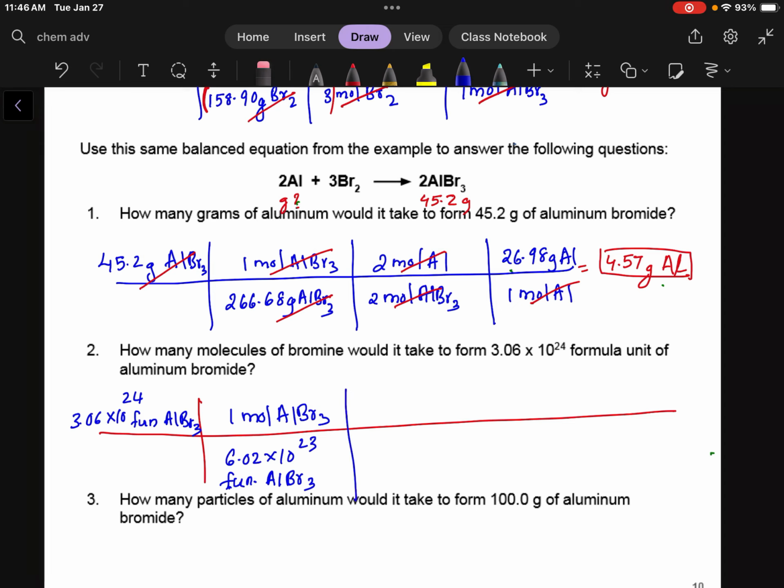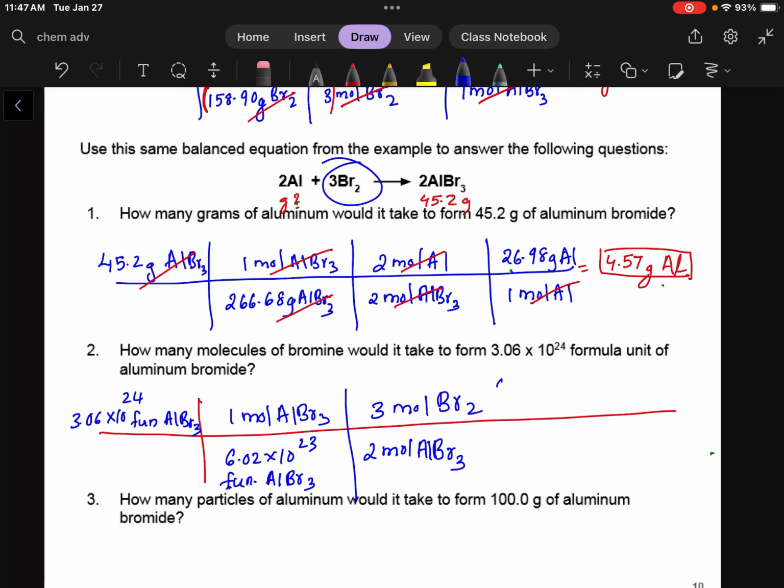Now we need a mole ratio. Look at the aluminum bromide. There are 2 moles of aluminum bromide in the equation, and we need to find bromine. So we'll write 2 moles of aluminum bromide, let me erase that, 3 moles of bromine, because that is the one we are going to find.